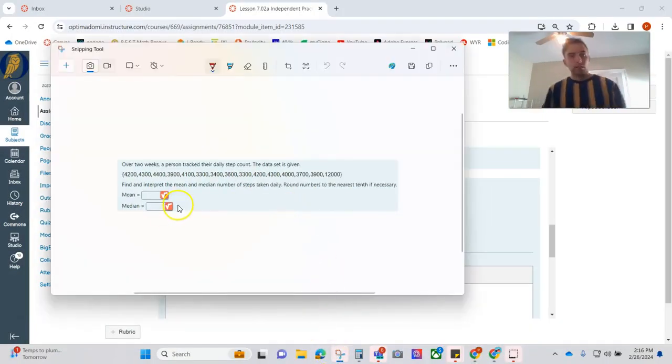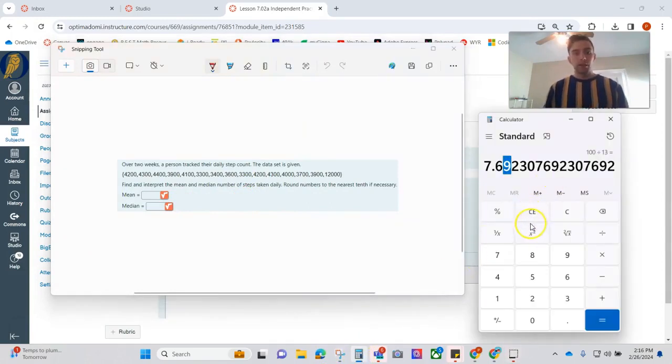Okay, so to find the mean, we have to add all the numbers up and divide that by how many numbers there are.